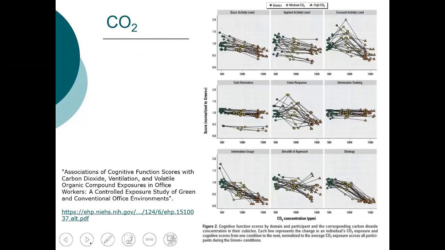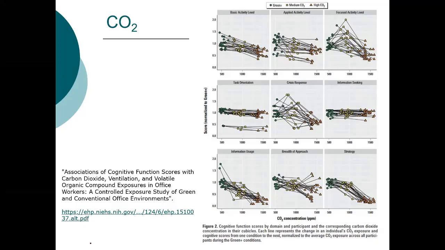We can also look at this in terms of carbon dioxide. There have been a number of studies done to look at the effect of carbon dioxide levels in classrooms and office environments on cognitive function. This paper looked at it in terms of a whole series of activities, from what they refer to as applied activity level to task orientation to information usage, to strategy, ability to strategize.